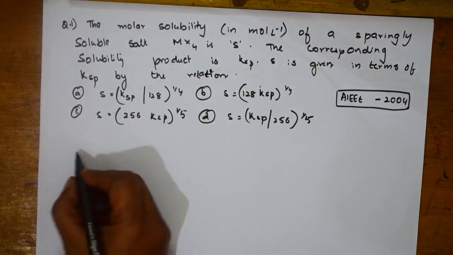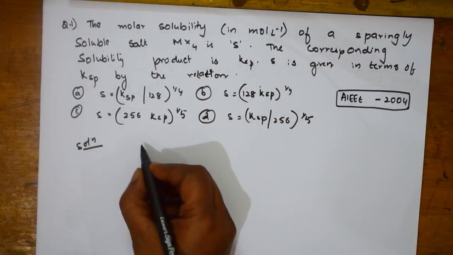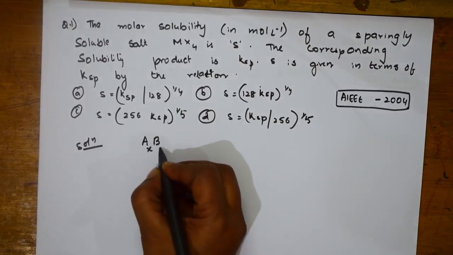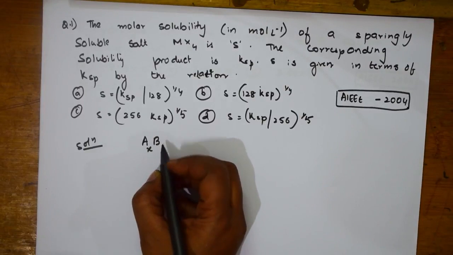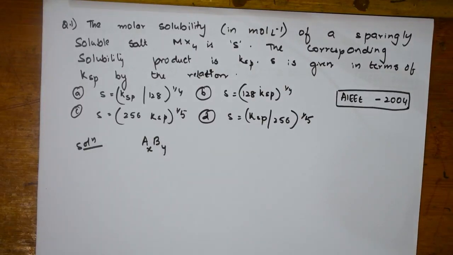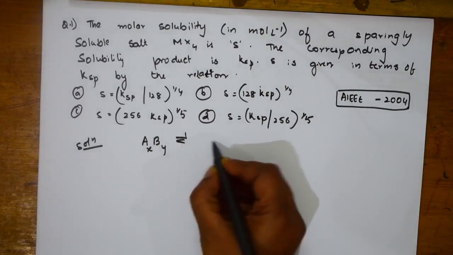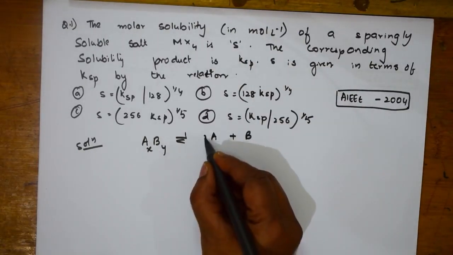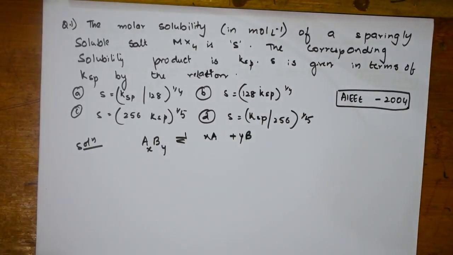Let us solve this. First of all, let me consider an electrolyte AxBy. When this dissociates into x A plus y B, the coefficients are written like this.